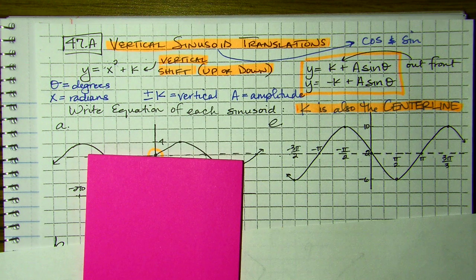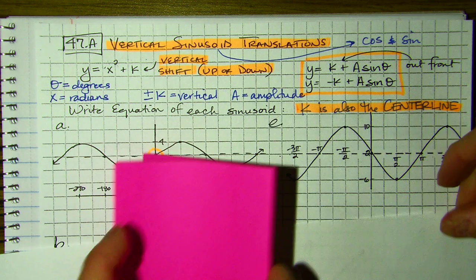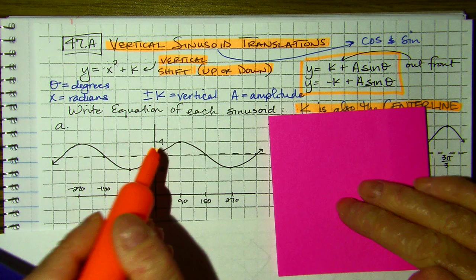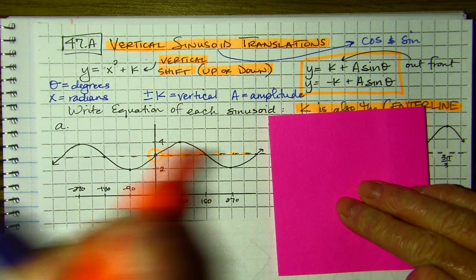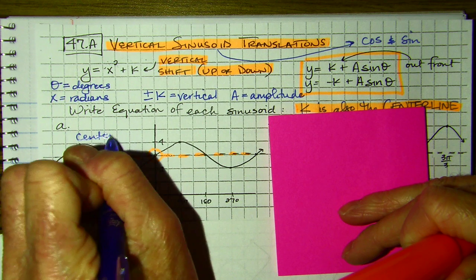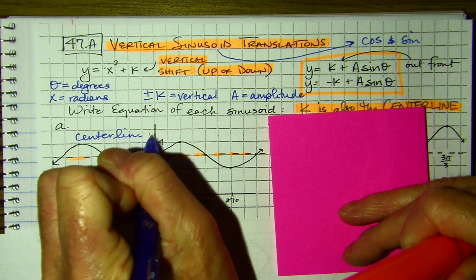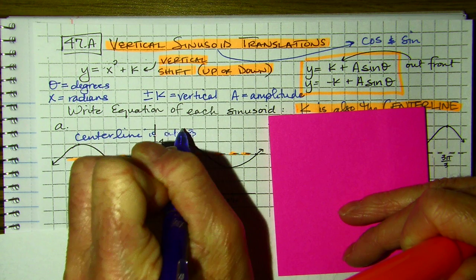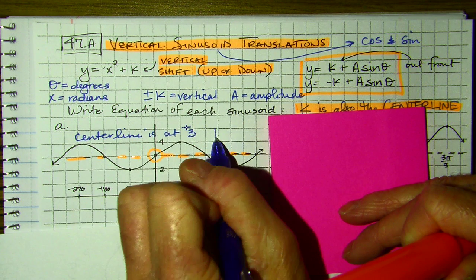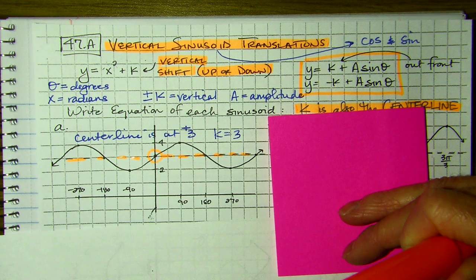In a parabola, our vertical shift is where the vertex is, but in a sinusoid, it is where our center line is. So I notice that my center line is at positive 3. So I know that k equals 3.